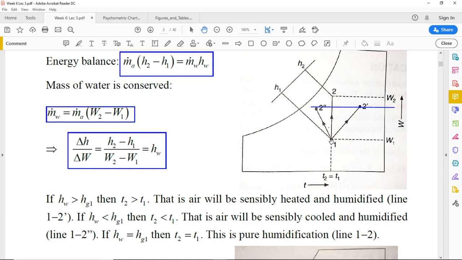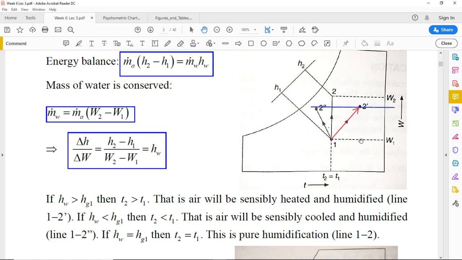From state 1 we can reach this humidity ratio by a number of different paths shown here, and there are three distinctions between these paths. If we look at the process line 1 to 2 prime, it shows an increase in the humidity ratio, but at the same time an increase in the dry bulb temperature.